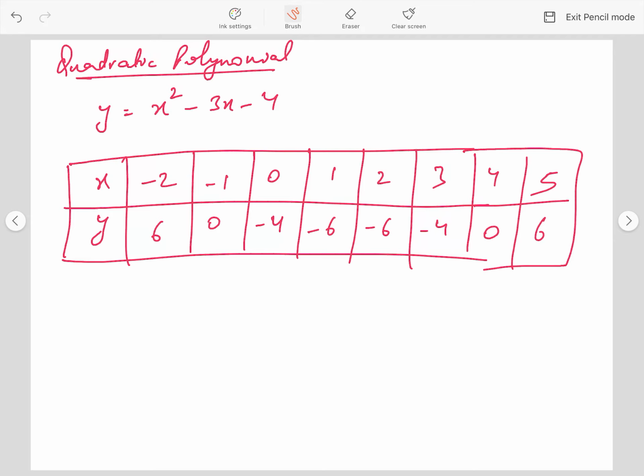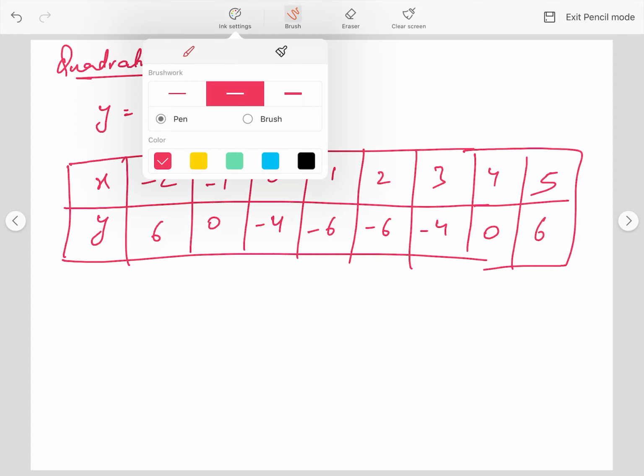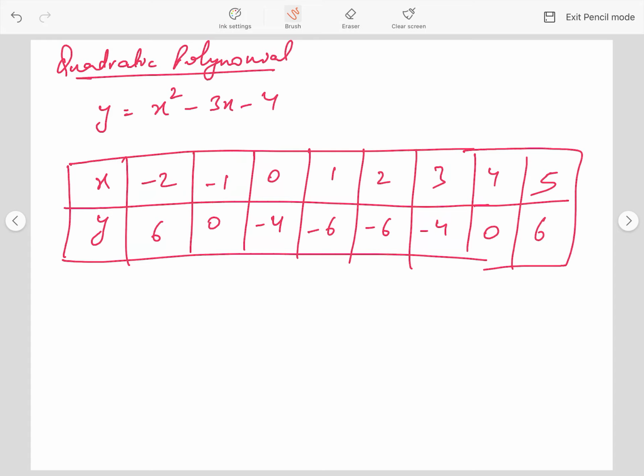Okay, so these are some values. Now as I have told you, the points where we get the value of y as 0 give the zeros. Now we are dealing with a quadratic polynomial, so there will be 2 zeros.